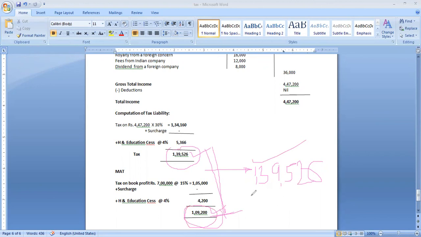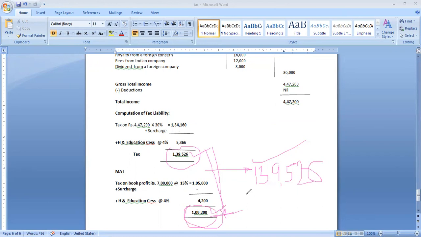The higher of these two amounts is to be paid by the company. It is the tax liability of the company.